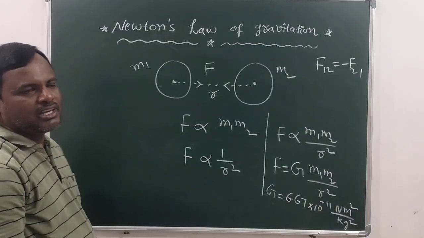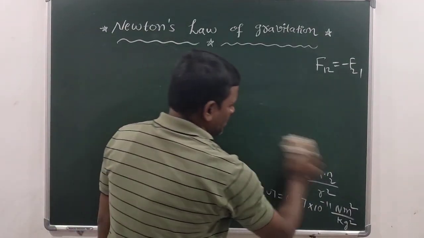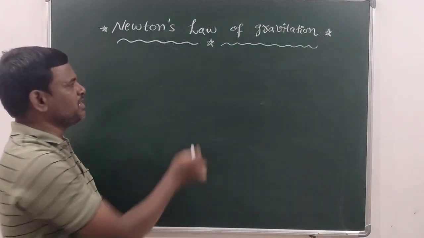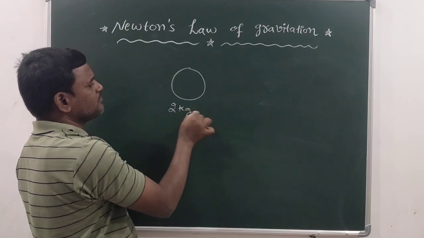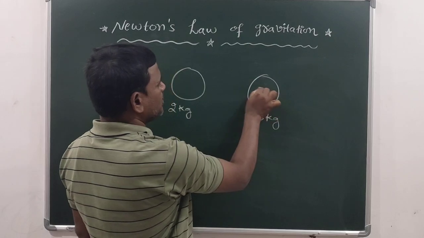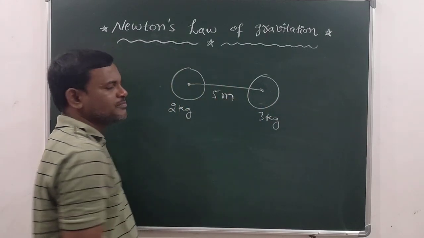Now let us see a small problem. There are two objects with masses 2 kg and 3 kg, which are separated by a distance of 5 meters.